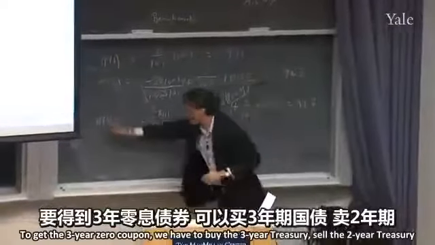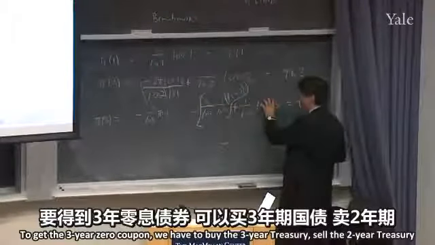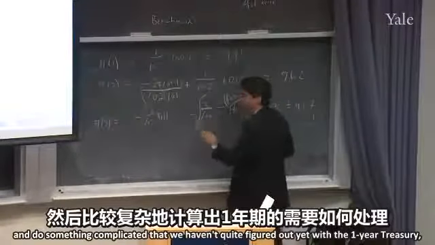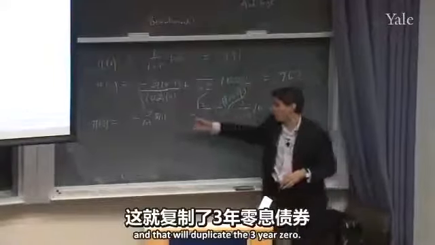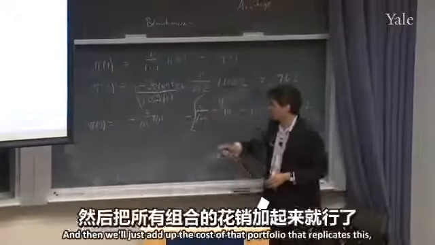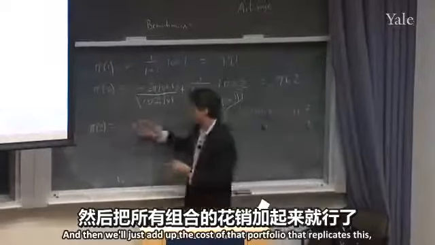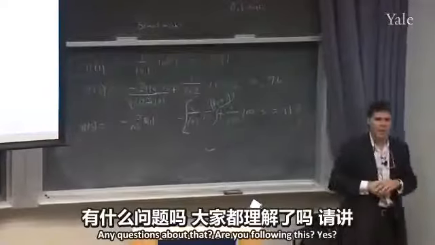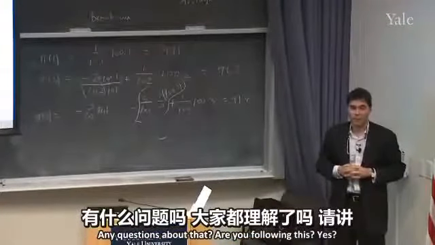To get the 3-year zero coupon, we have to buy the 3-year treasury, sell the 2-year treasury, and do something complicated that we haven't quite figured out yet with the 1-year treasury. And that will duplicate the 3-year zero. And then we'll just add up the cost of that portfolio that replicates this, and that must be the price of that thing. Okay, so that's what we're doing. So are there any questions about that? Are you following this, or?